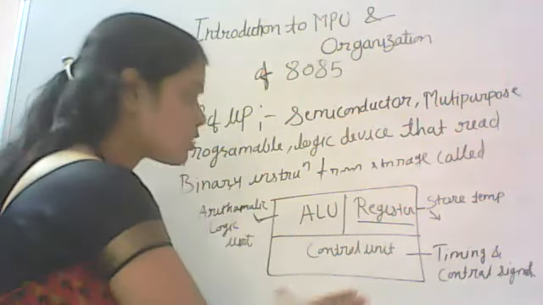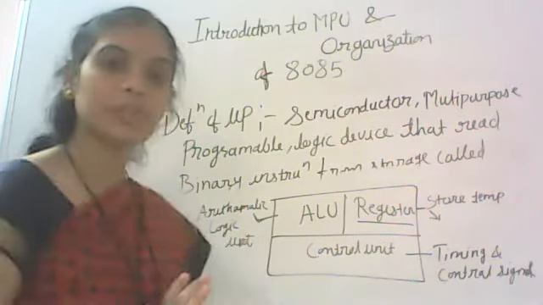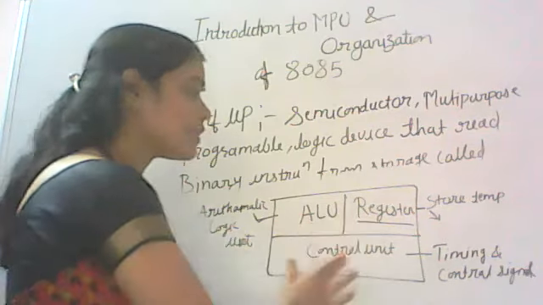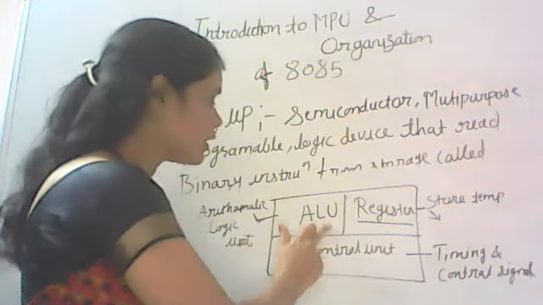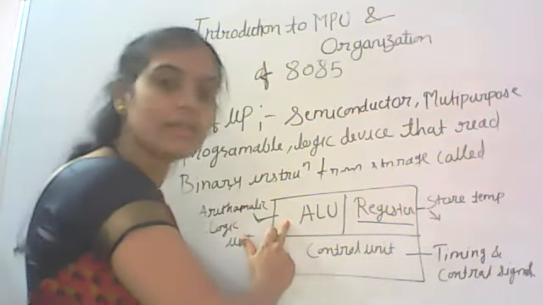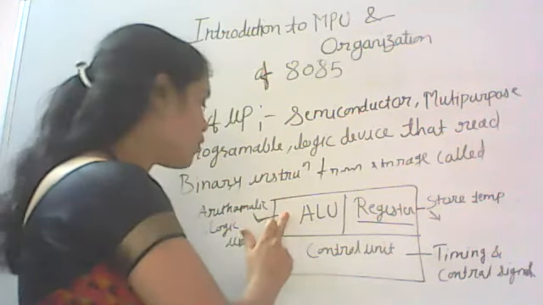A microprocessor is roughly divided into three parts, that is ALU, register and control unit. ALU, arithmetic logic unit. यहाँ पे क्या होता है, जो arithmetic and logical operation है वो परफॉर्म करता है.